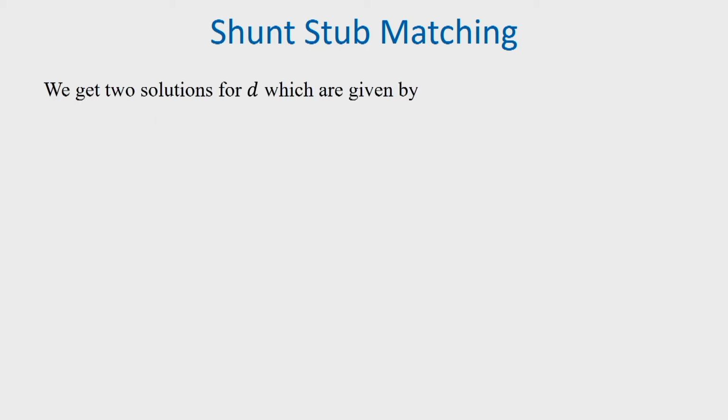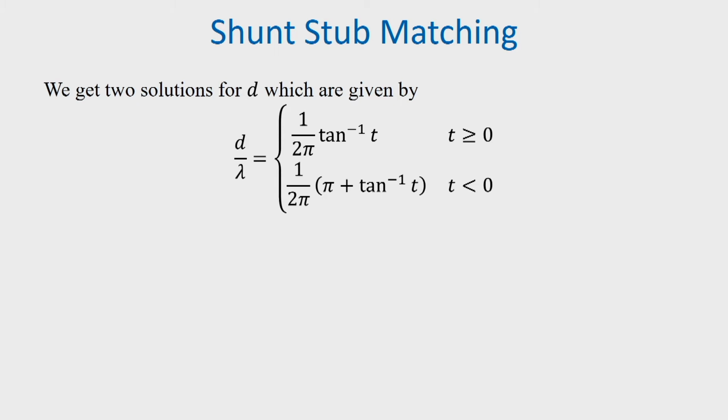Since the equation in T is a quadratic equation, we will get two values of T, two solutions for T, and correspondingly we will get two solutions for D. We write d by lambda is equal to 1 by 2 pi tan inverse T when T is greater than 0.